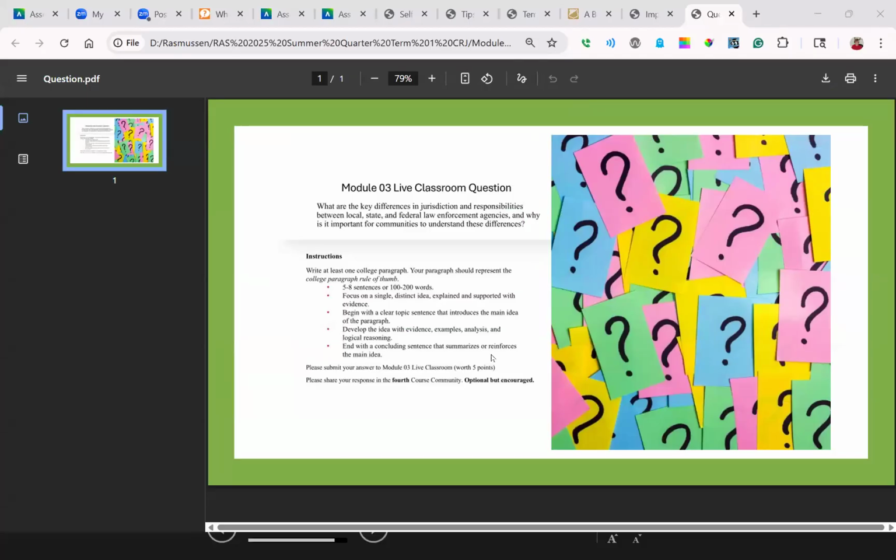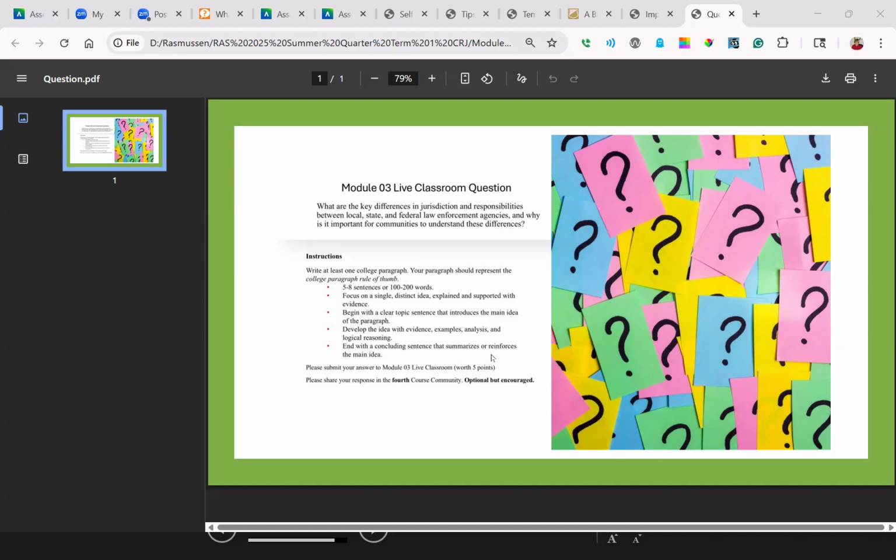What are the key differences in jurisdiction and responsibilities between local, state, and federal law enforcement agencies? And why is it important for communities to understand these differences? So that's the Module 3 live classroom question.